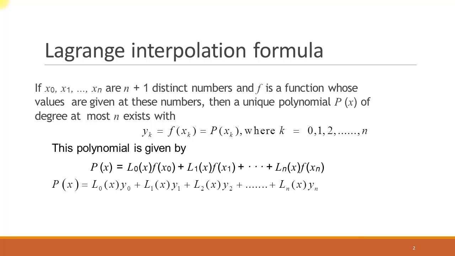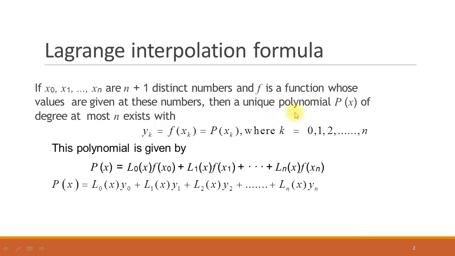Suppose we have some points x0, x1 up to xn, and these are n plus 1 distinct points, and f is a function whose values are given at these numbers.